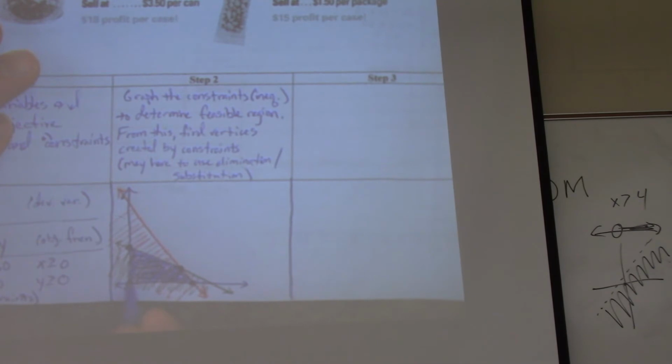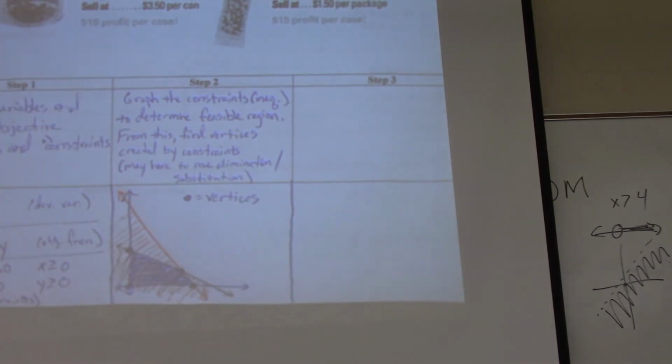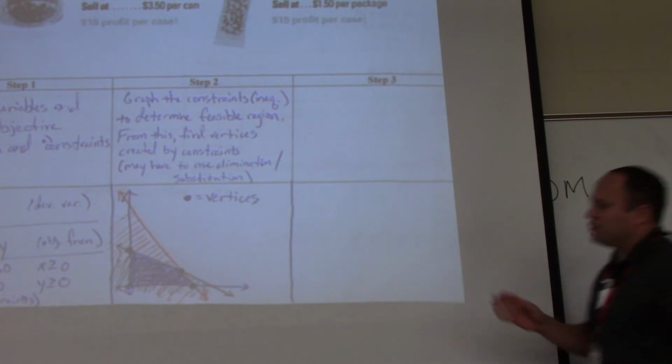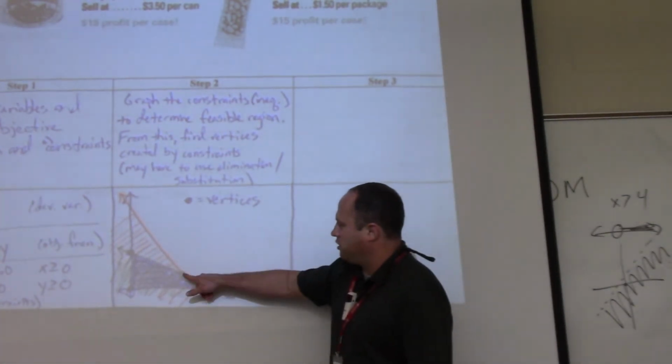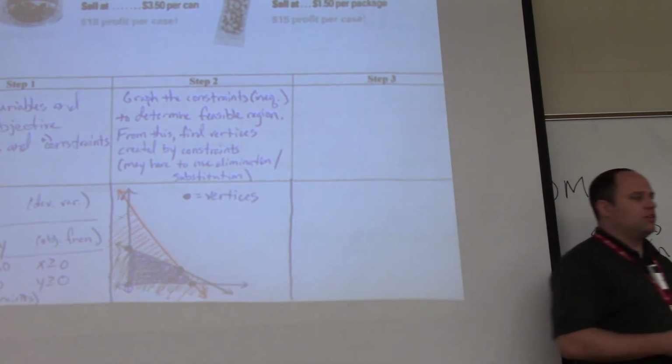And at 0, 0. And I put these dots really big intentionally so that you see, well, I'm going to put it right here too, dot equals vertices. So again, the dots are just where they intersect at all of these points. Okay? The corners of the feasible region.